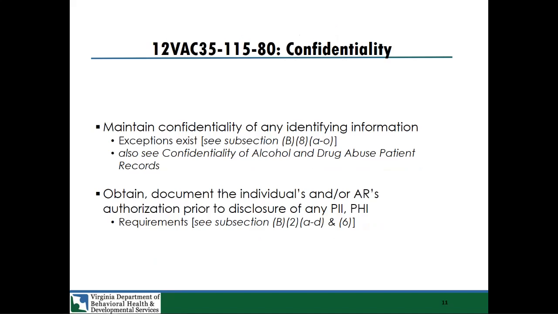Key to this section is your responsibility to obtain the individual's and/or authorized representative's authorization prior to the disclosure of any personal identifying information or protected health information. The authorization must be documented and it must be maintained in the individual's services record.